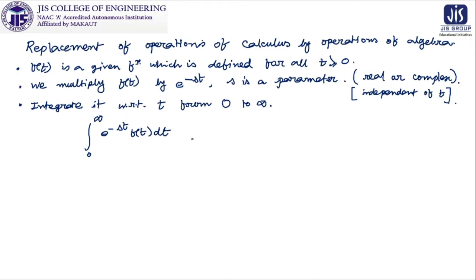Two things to be mentioned. First of all, we can easily identify that this integration is an improper integration because of the upper limit. This integration may exist, may not.